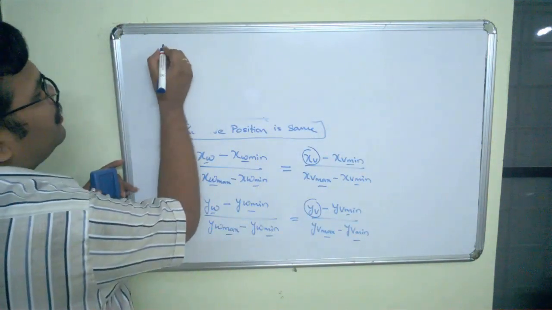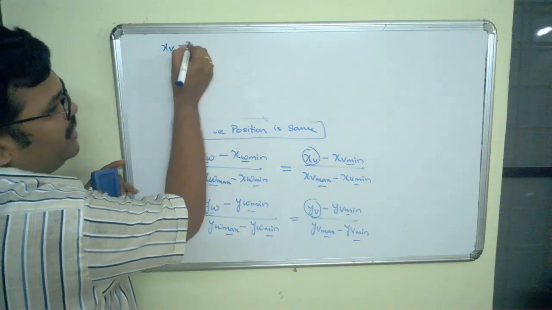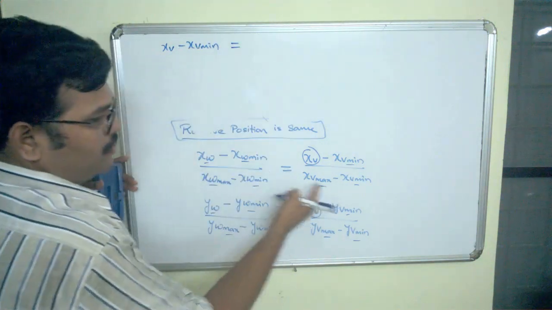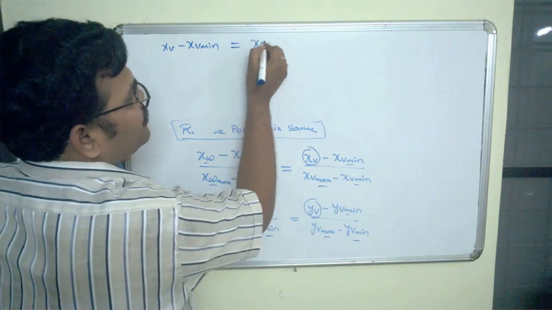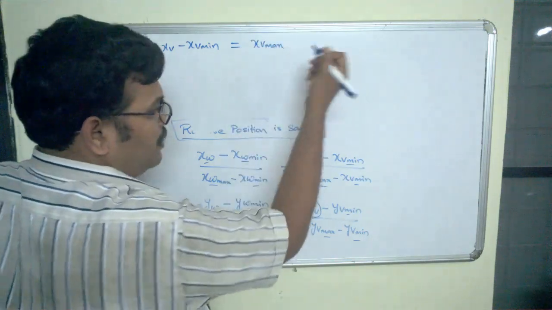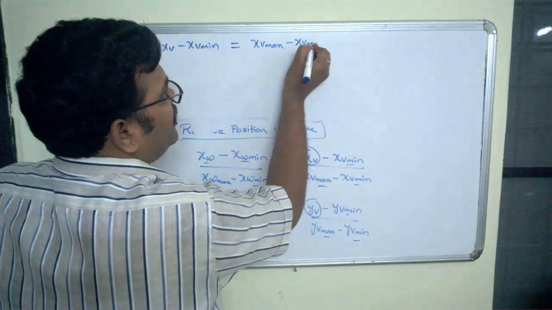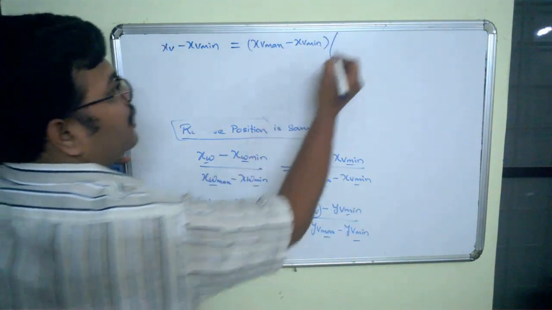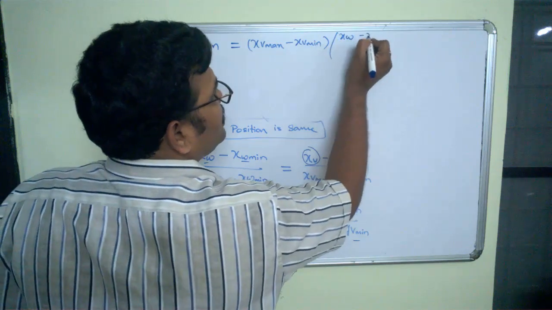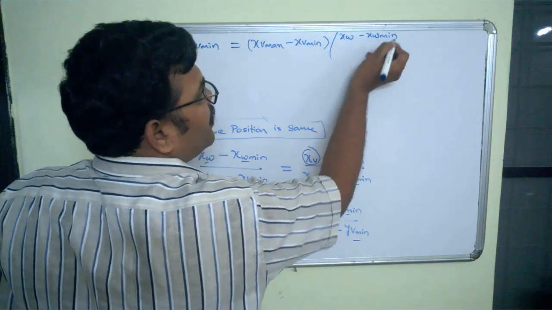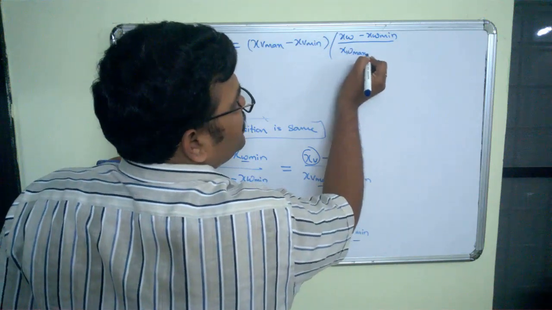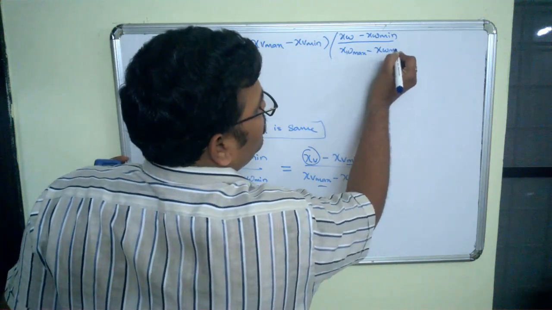So here write down xv minus xv minimum is equal to xv maximum minus xv minimum into xw minus xw minimum by xw maximum minus xw minimum.